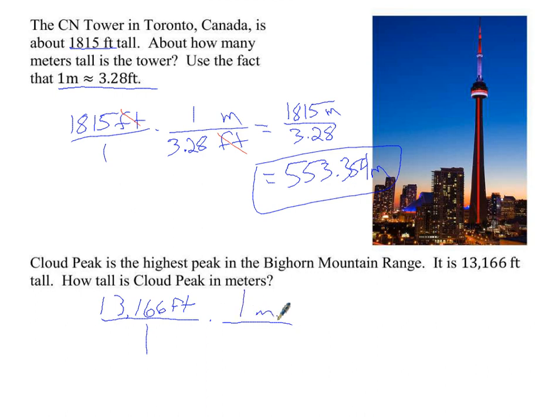1 meter over what? We're still using that conversion right there. So it's 3.28 feet. Just because it's a different problem doesn't mean the conversion doesn't work anymore. It still works. So we multiply across, the feet cancel, and I'm left with 13,166 meters over 3.28.